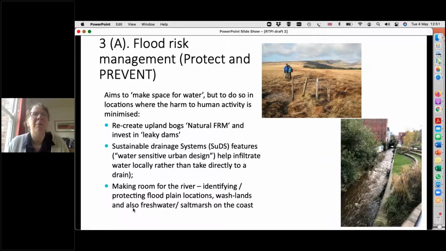Investment in sustainable drainage features, sometimes called water-sensitive urban design, which help infiltrate water locally rather than take it directly into a drain, frequently found in urban areas, but not necessarily. And then third bullet, making room for the river, identifying and protecting floodplain locations, washlands, and also freshwater or salt marsh space on the coast.